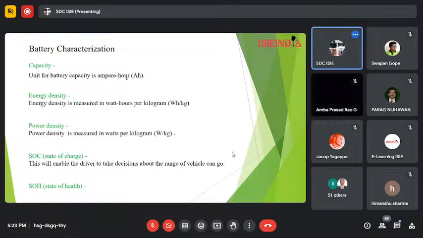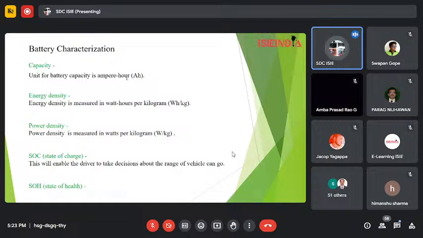So let's say I am having one cell of 5000 milliampere hour, and it's 3 volt, and the weight is 100 grams. So how much energy will get stored inside 1 kg of battery pack? Can anyone tell me? Have you got my question?